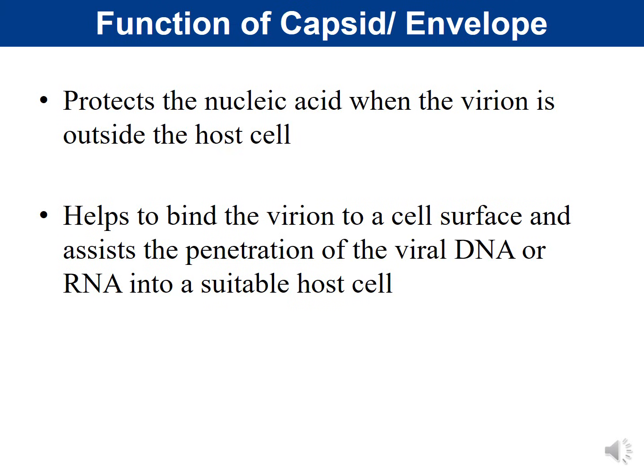Additionally, the outside components of the virus help the virion to bind to a cell surface, and this assists in the penetration of the viral DNA or RNA into a suitable host cell. And so again, it's those components on the outside that give a virus specificity to its host.